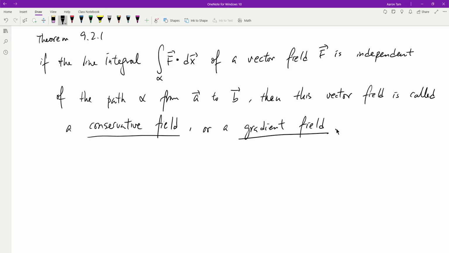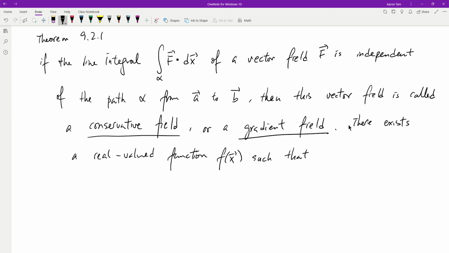And because of the fact that this vector field F is a gradient, therefore there exists a real valued function f of vector x such that the gradient of lowercase f of vector x is equal to vector F of vector x.